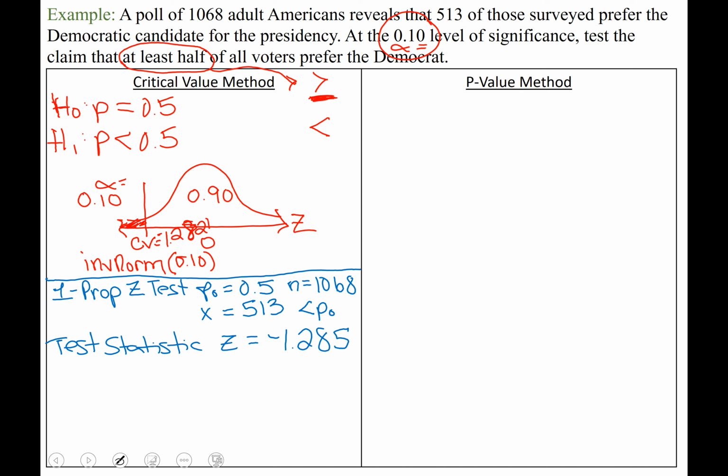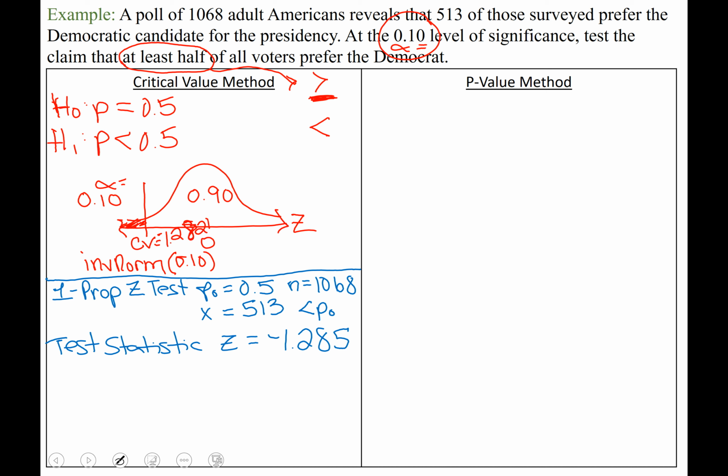That's the only value we need from the output screen for the critical value method, but I want to point out that the next line on your output screen is p equals 0.09936. That is called the probability of making a type 1 error, or the p-value. So we're going to need that one for the p-value method.